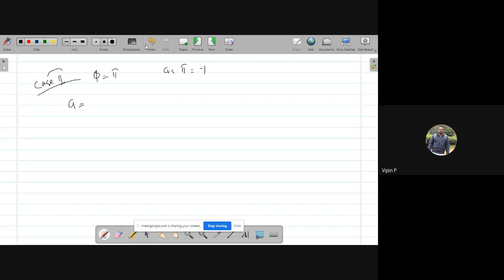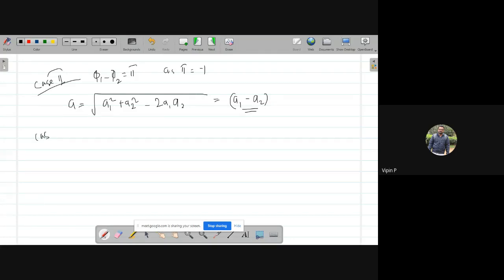The expression for the amplitude would be A1 square plus A2 square minus 2 A1 A2, because cos(phi1 minus phi2) is -1. And eventually that will give us A1 minus A2. This is the value if the phase difference is pi.